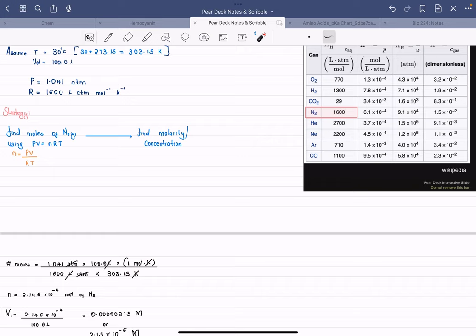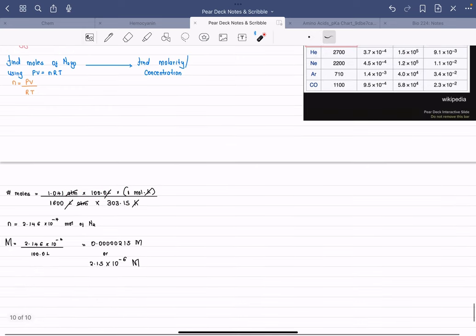Since this is an inverse, it will be right to put it at the top. And this will also help with the cancellation of our units, just so that we're left with the moles, which is what we're looking for. And then I multiply that with the temperature. So my atm cancel, my liters cancel, my kelvins cancel, and I'm only left with moles.